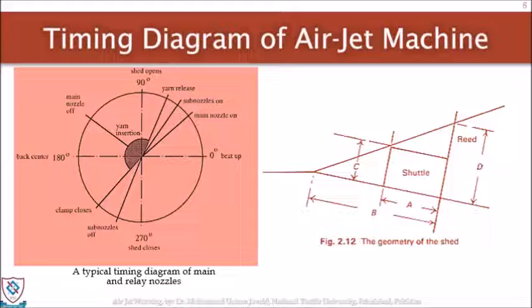Here we can see that the main nozzle is starting the air pressure before the shed opening. The shed opening starts at 90 degrees, but the main nozzle pressure started at almost 60 degrees.